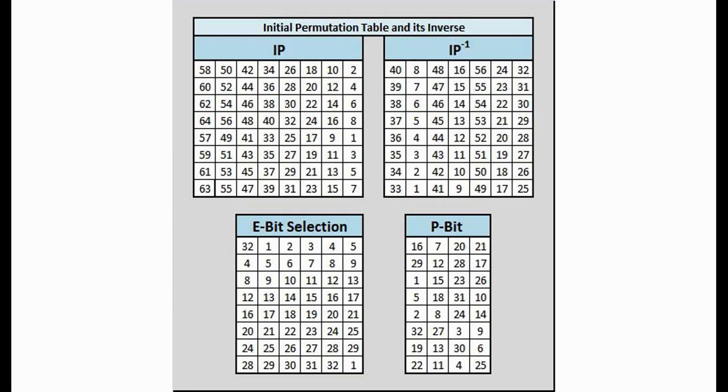Permutation, as we all know, is rearrangement of the existing bits into a new order as given in the relevant table. We have 4 permutation tables: the IP table, the E-bit selection table, the P-bit table, and the IP inversion table.